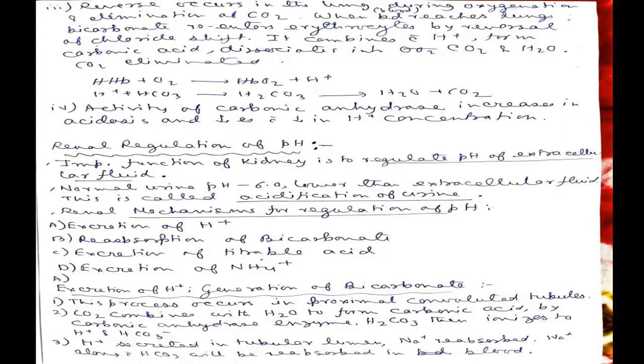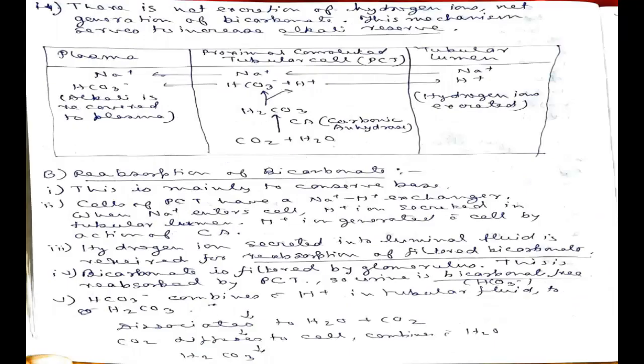H plus is secreted in tubular lumen. Sodium is reabsorbed, and sodium along with bicarbonate is then reabsorbed in blood. Thus there is excretion of hydrogen ion and generation of bicarbonate, and this mechanism helps to increase the alkali reserve.